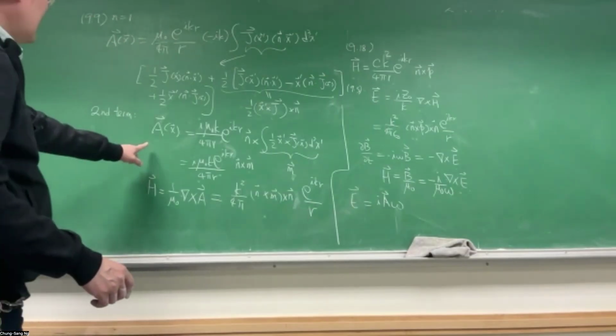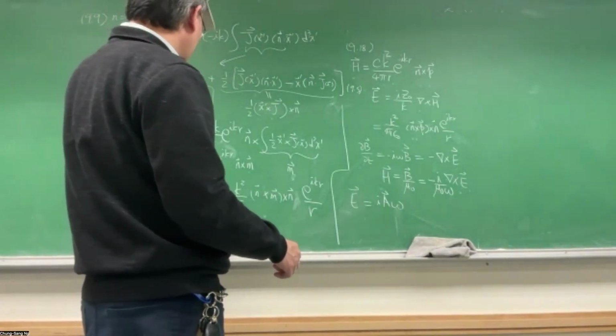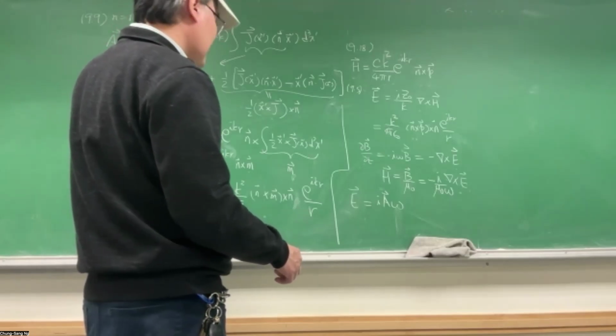In that case, you can substitute A into here, and i times i is minus 1.